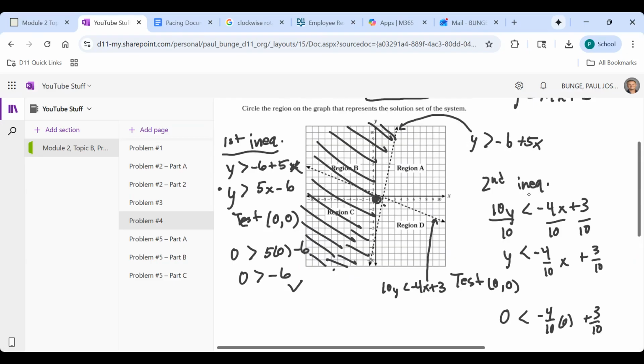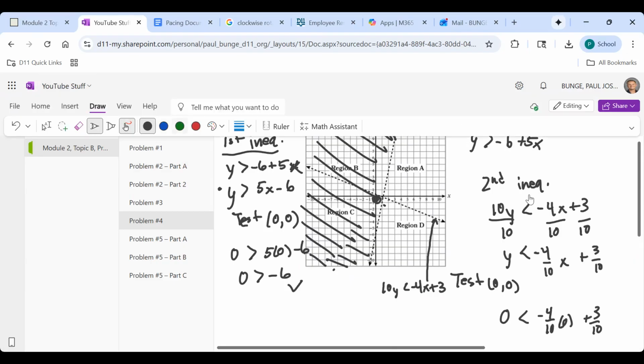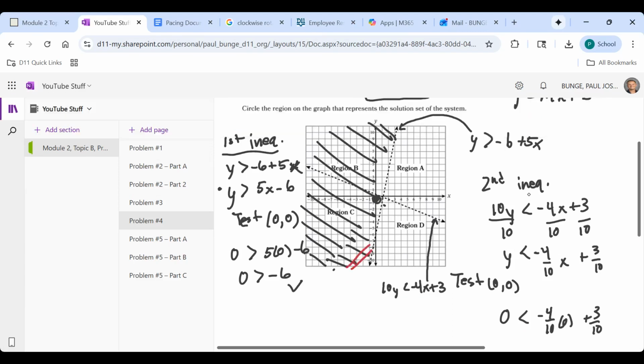So that means that 0, 0, this point right here, is included in both. If I am going to represent both solution sets, where it overlaps in the two regions is going to be my solution set.